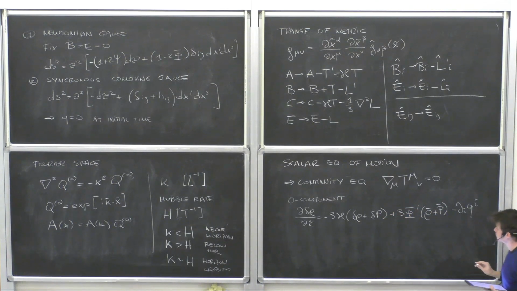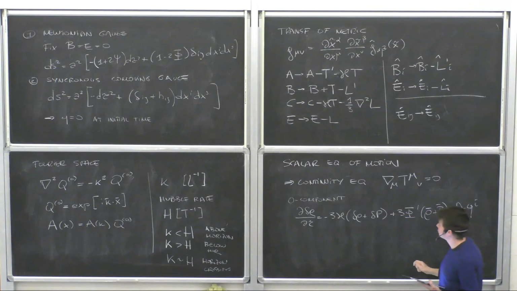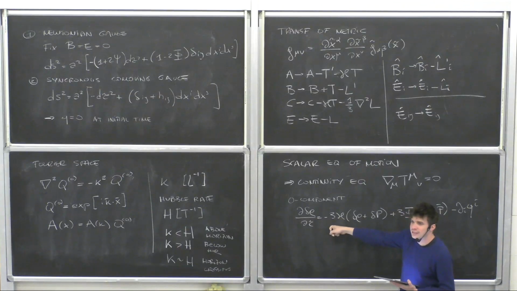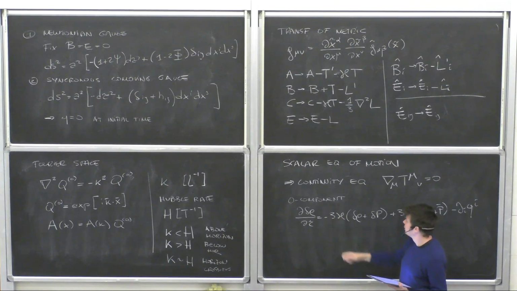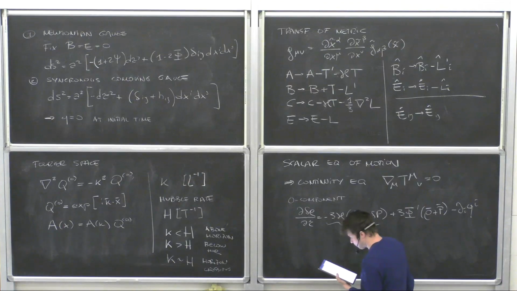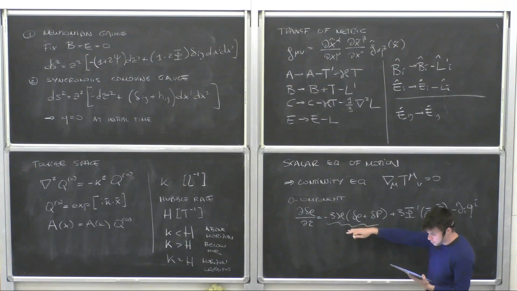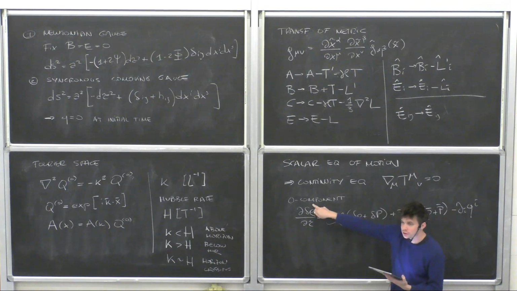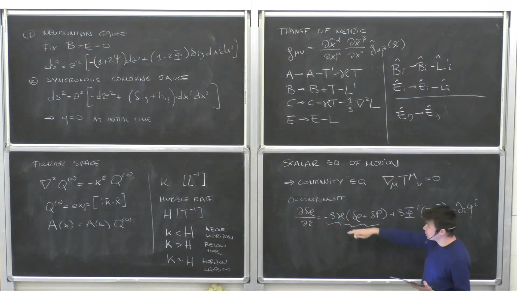Now, clearly, this will give you two equations when you do the exercise. It's going to give you the background equations and this equation. Now let's look at the structure of this equation. Look at this term here. This looks very familiar, right? If you remove delta, this looks like the background equation. So this first term is telling you how density fluctuation change because of expansion.